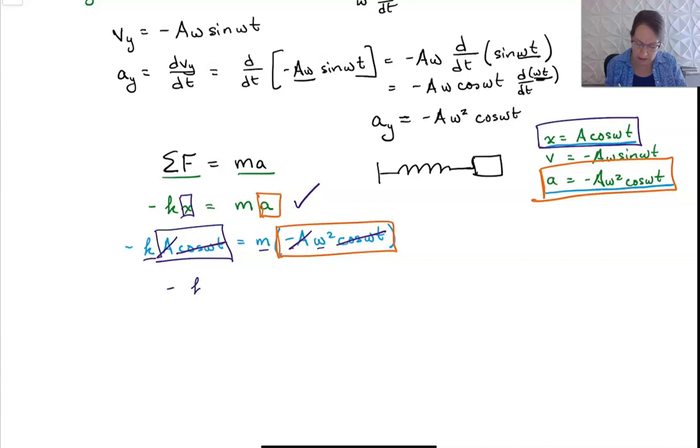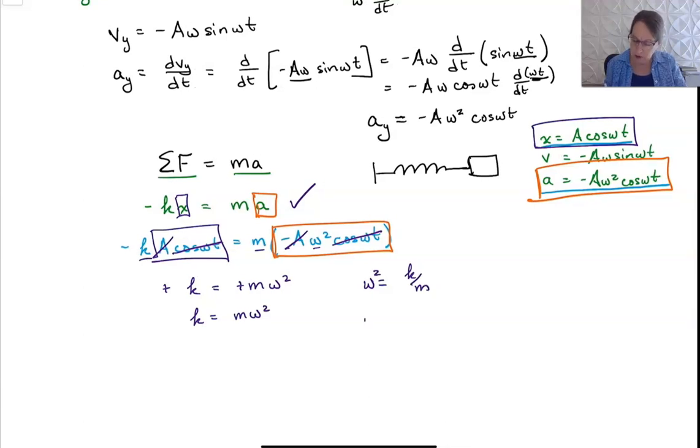And then I've got minus k equals minus m omega squared. The minus signs even work out, so that's nice. And we get that k is equal to m omega squared, or omega squared is equal to k over m, and omega is equal to the square root of k over m.